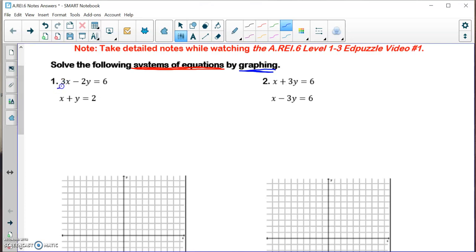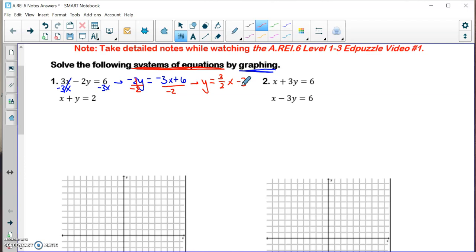So number 1, let's do that now. I'm going to subtract 3x from both sides in my top equation. I wind up with negative 2y is equal to negative 3x plus 6. Now I'm going to divide by negative 2 on both sides to have y is equal to positive 3/2 x minus 3.